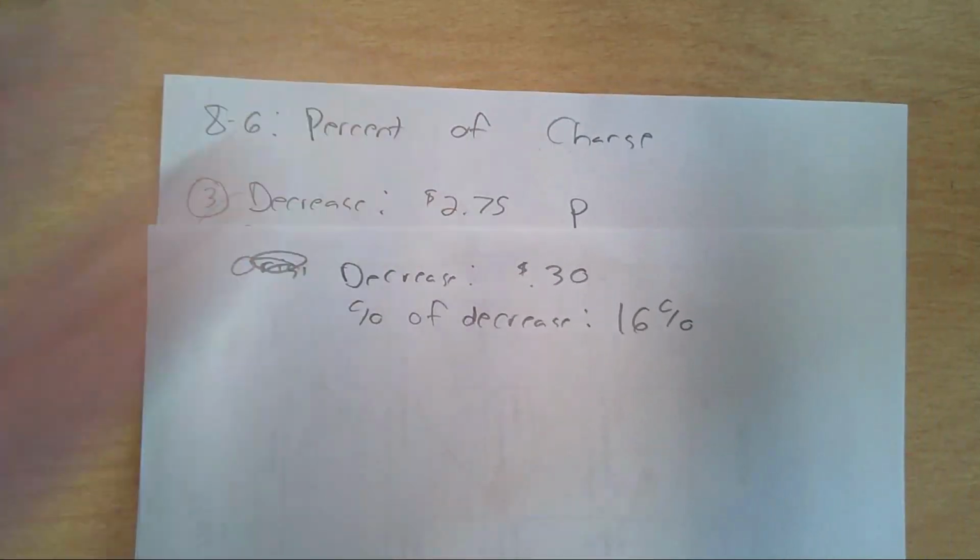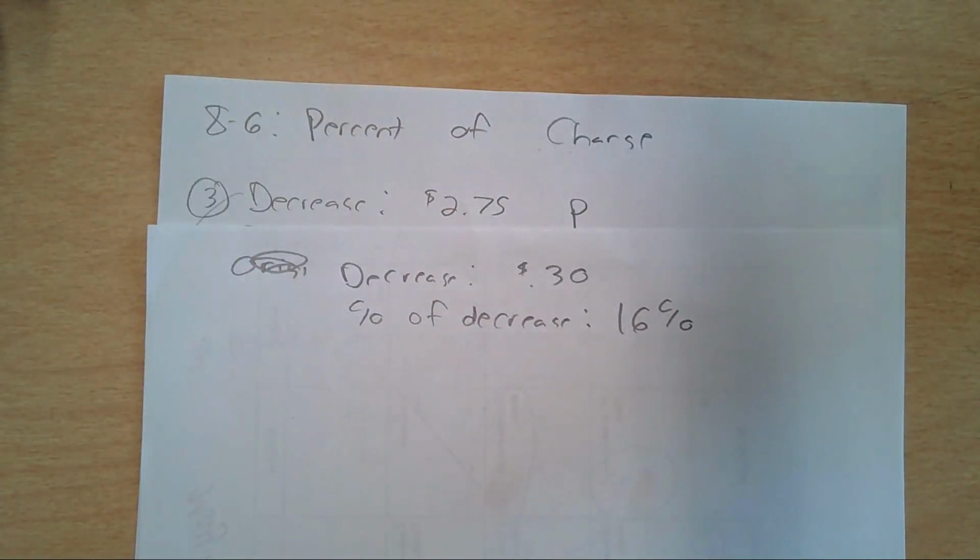So a decrease of 30 cents. A 16% decrease. What was the original amount then? And then what's our brand new amount after that 30-cent discount?